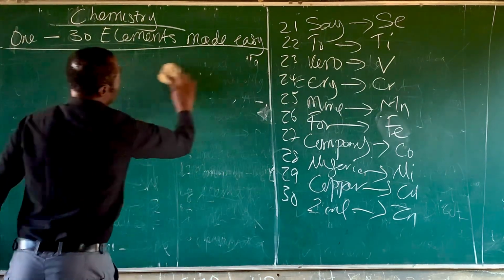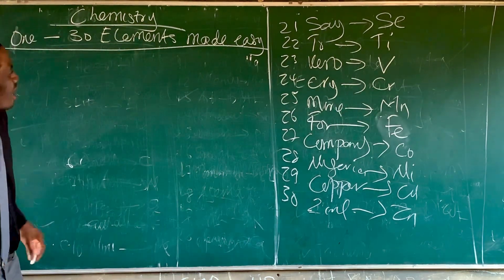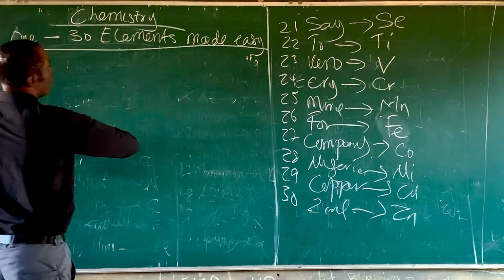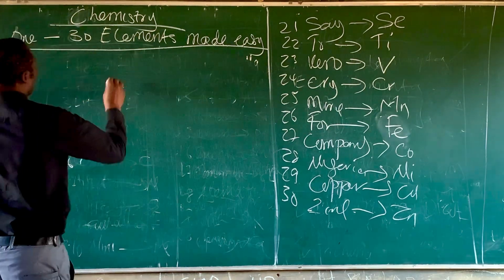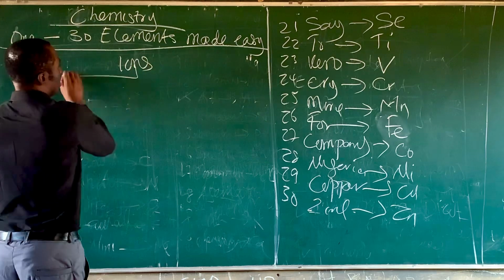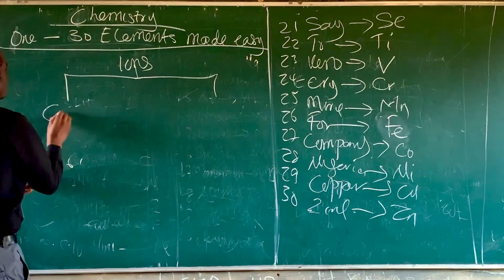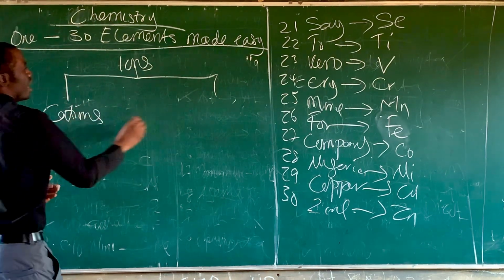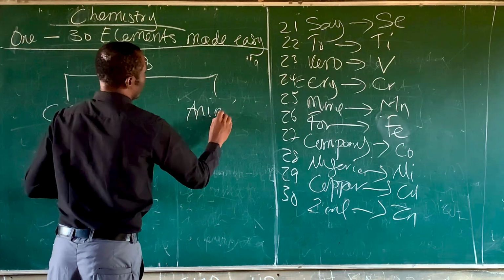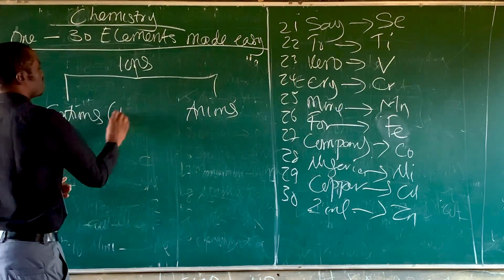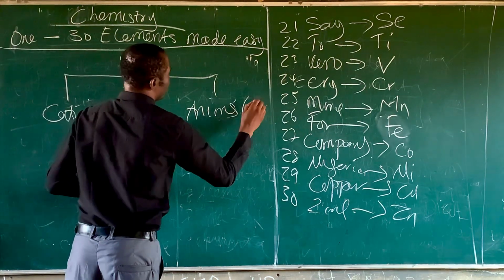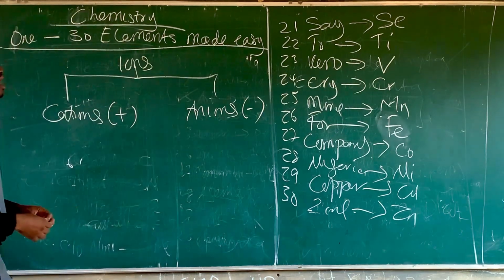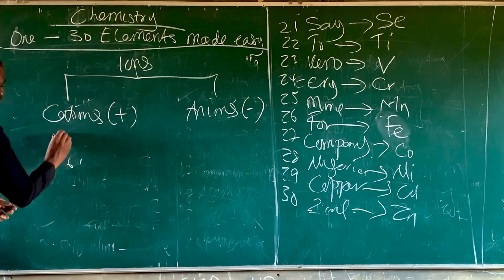These are all neutral elements. We have a charged element which is called an ion. And these ions can be cations and they can be anions. If they are positively charged, they are cations. If they are negatively charged, they are anions. For instance, let's take sodium.